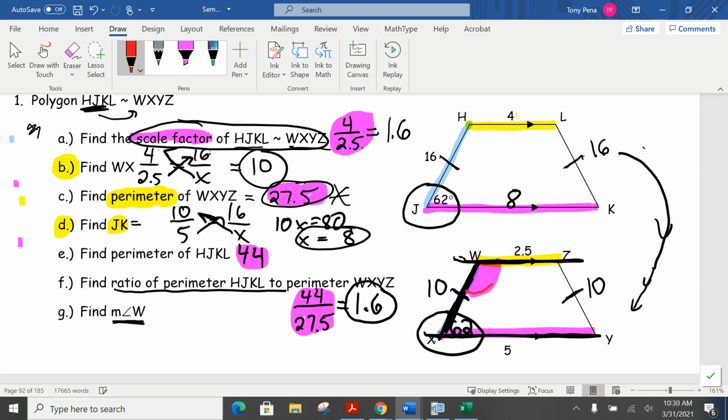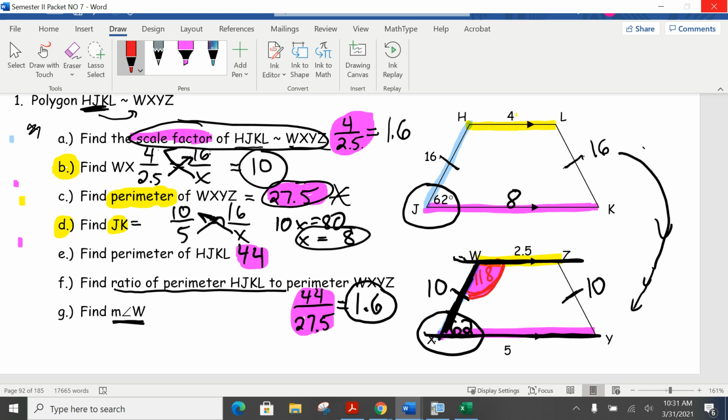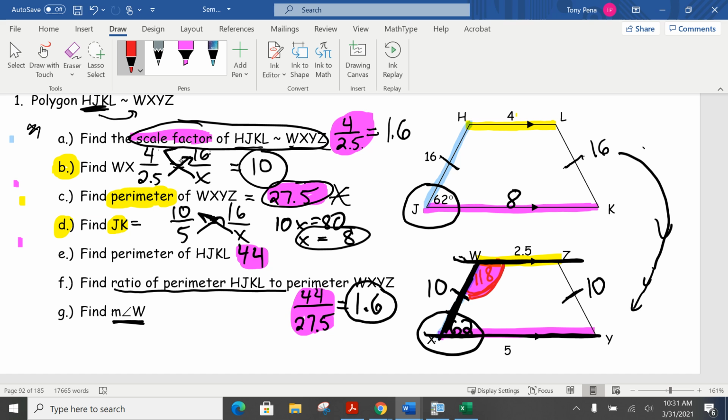Do we see how this purple angle is a same side interior angle from all of that stuff from last module? Same side interior angles are supplementary. So if I know this is 62, then I know that this has to be 180 minus 62, which is 118 degrees. So this has to be a 118 degree angle.